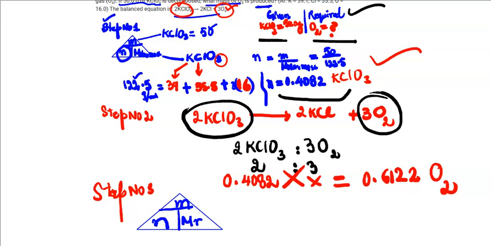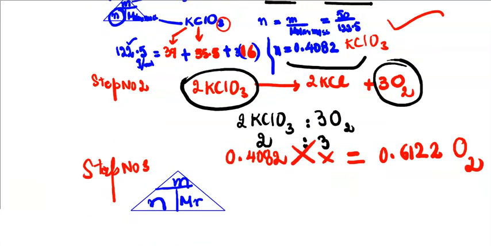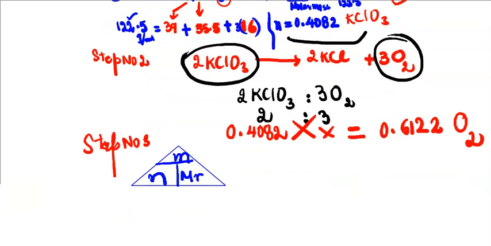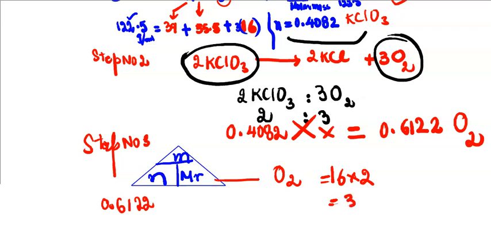So what is N here? N here is 0.6122. So what is the Mr of oxygen? You just need to calculate. It's 16 into 2, and it is equal to 32. So multiplied by 32, you will get the mass in grams.